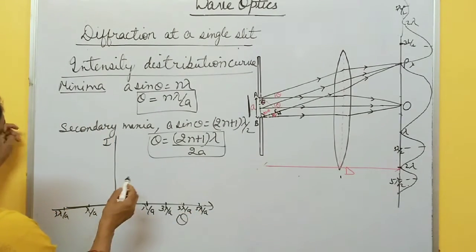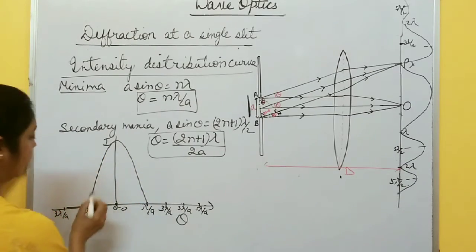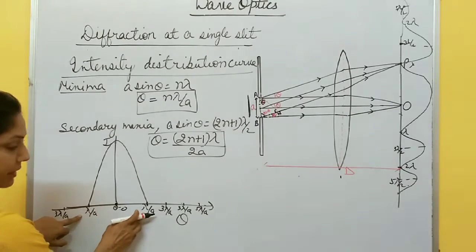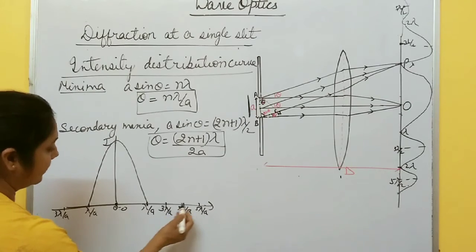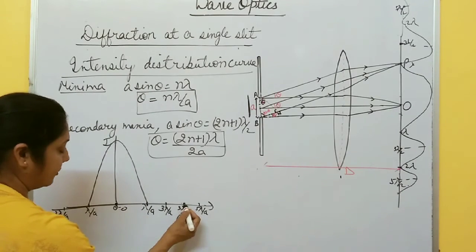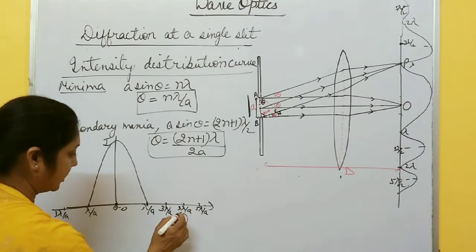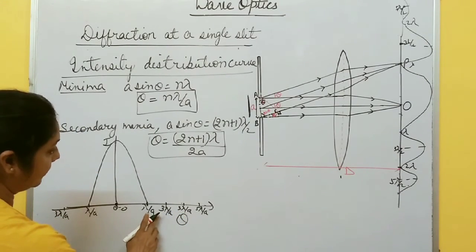In this way you find that the diffraction pattern is like this. Central maxima at theta equal to 0, then first minima at lambda by a, then again at 3 lambda by a second minima, and something is wrong, I think this is lambda by a.